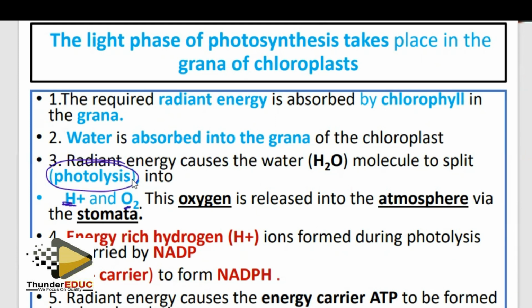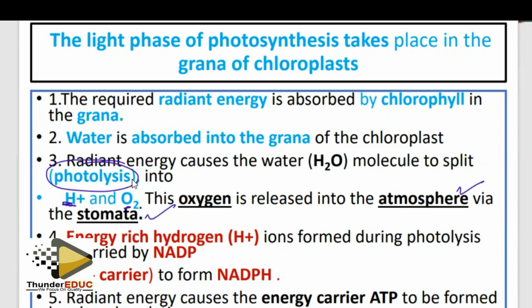Now you produce hydrogen ion plus oxygen. Oxygen will move out of the leaf and is then released into the atmosphere. Yes, we have seen it via that hole below the leaf, which you call the stomata.